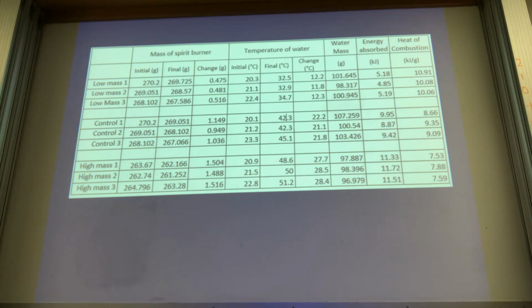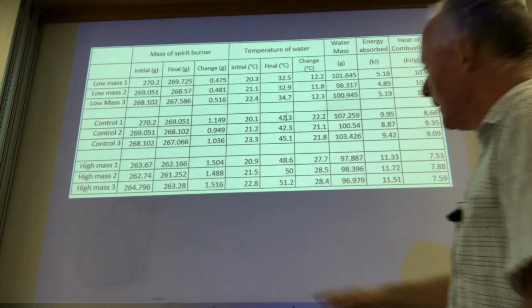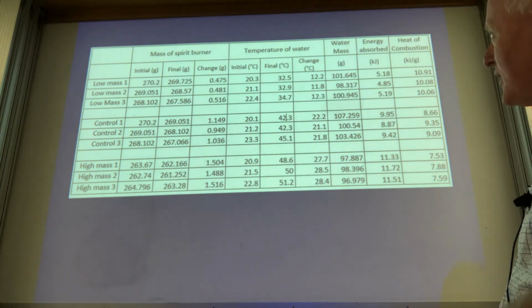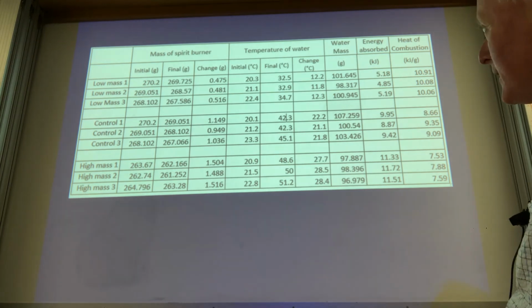Now, once you've got those, it may indeed be worthwhile to calculate averages. Now, I've got heats of combustion which can clearly be averaged, and my investigation here was changing the mass of fuel burnt and seeing whether that would give me a more accurate heat of combustion, the more mass that I burnt.